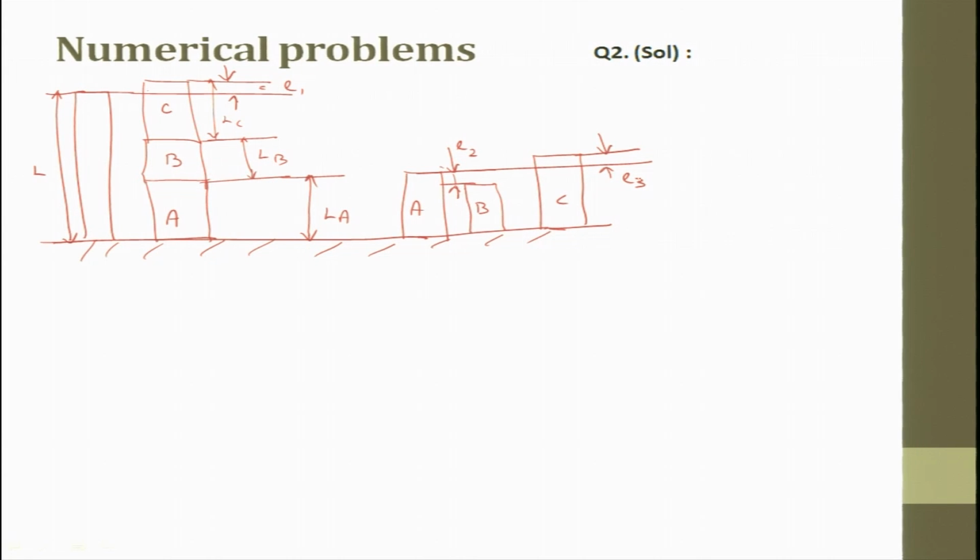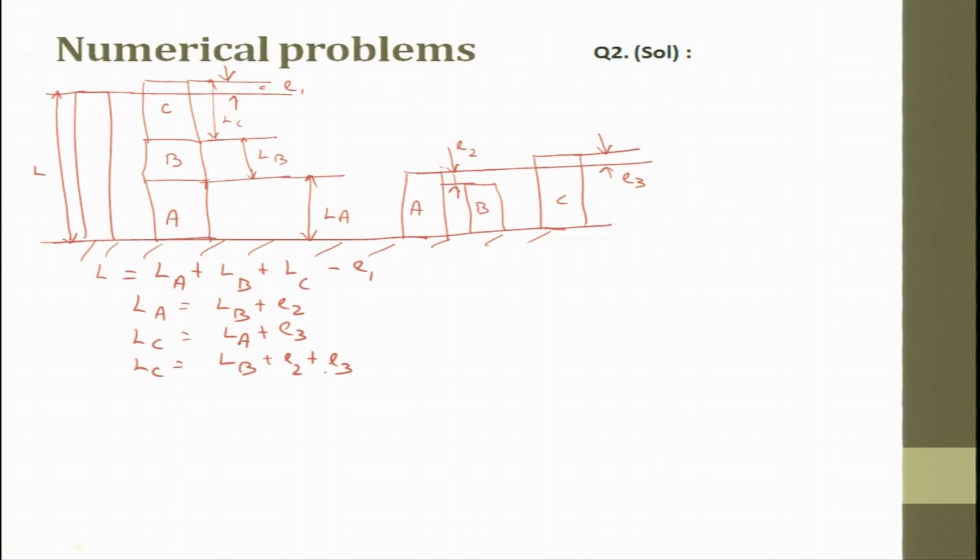So, now let us solve the problem. So, first we take the lengths LA, LB, LC given for the ABC blocks, and L equal to LA plus LB plus LC minus E1 will be your L. And then I said LA equal to LB plus E2, then LC equal to LA plus E3, and then LC equal to LB plus E2 plus E3.